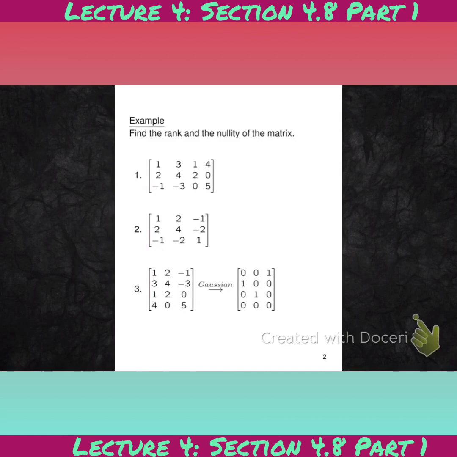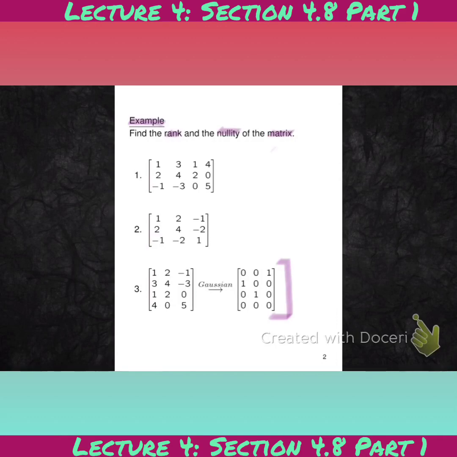All right, so just there as an example, we are asked to find the rank and the nullity of the following matrices. So I just want to look at number 3. Number 3, if you use Gaussian elimination, one gets this matrix here, and so we can easily find the rank in that case, because the rank is determined by the dimension of the row space.